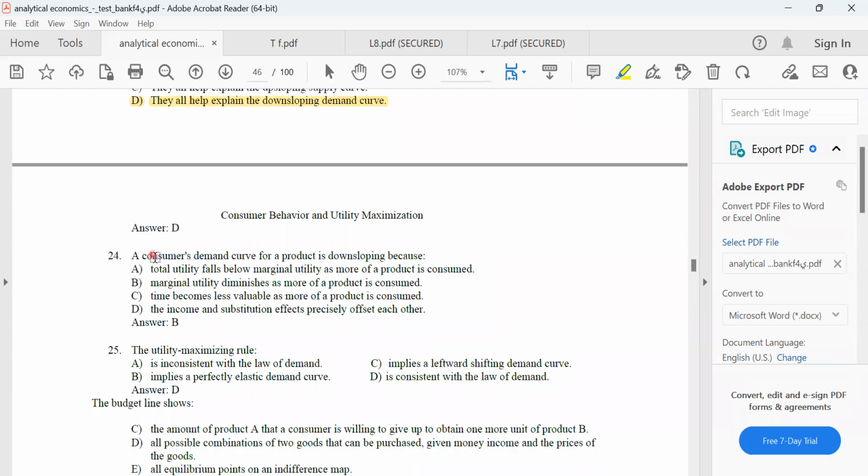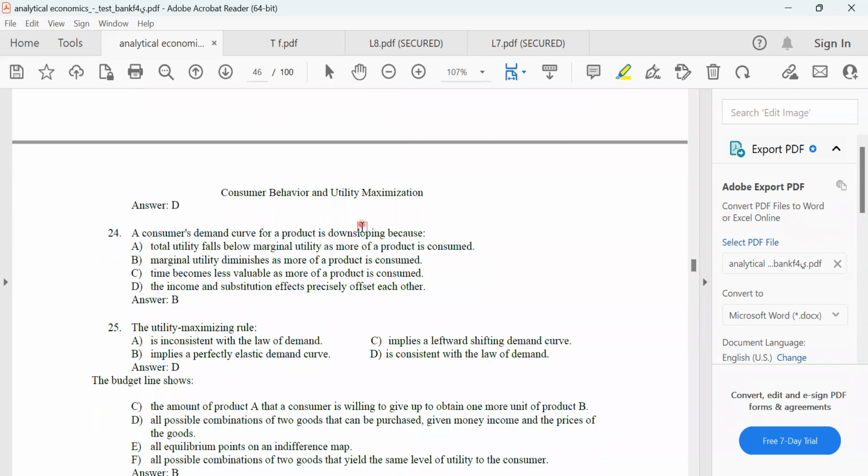A consumer's demand curve for a product is downsloping because total utility falls below marginal utility, or marginal utility diminishes as more of the product is consumed, or time becomes less valuable as more of the product is consumed, or the income and substitution effects precisely offset each other.